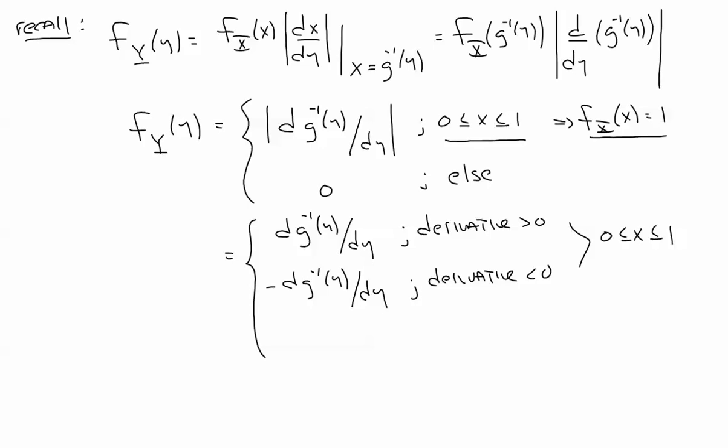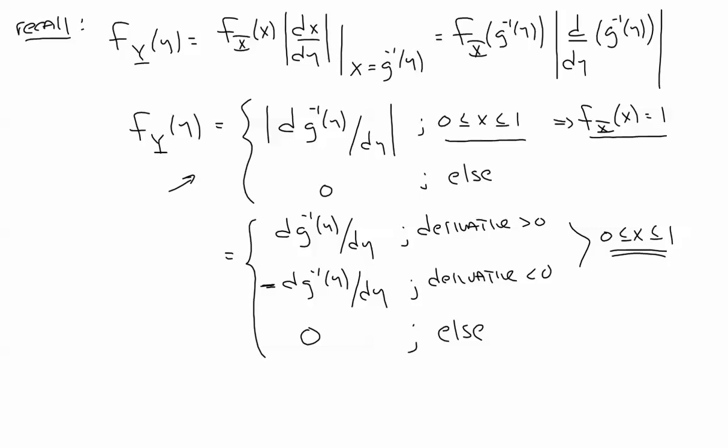So, if my derivative in this middle step is positive, then I can just simply throw away the absolute values. If the derivative happens to be negative, I can make it positive by throwing in a minus sign. That's equivalent to an absolute value. All right. In both cases here so far, x is on the range 0 to 1, and then it's 0 elsewhere.